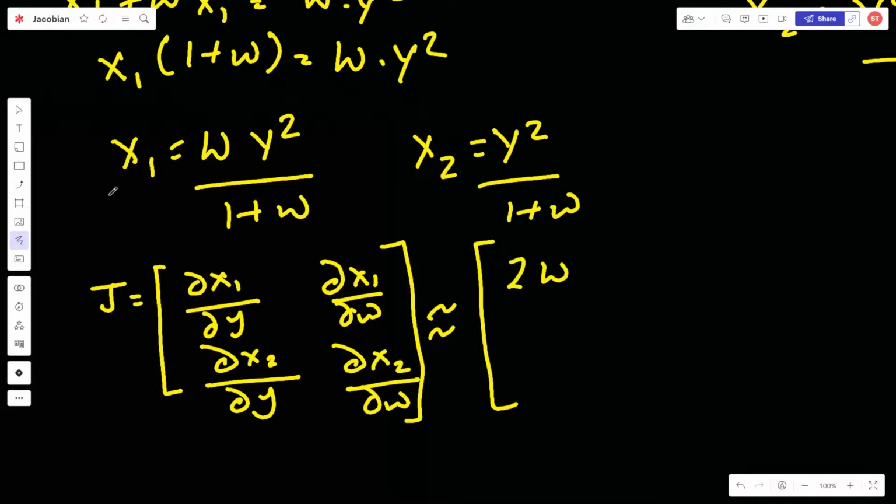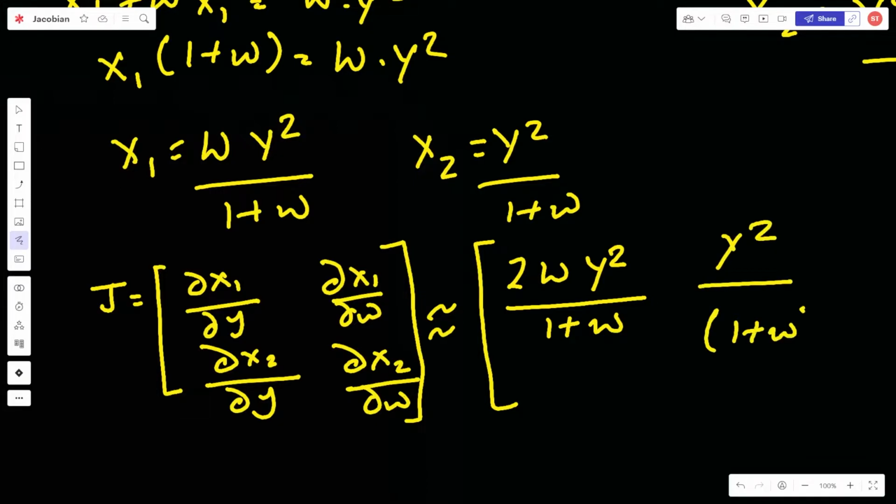So we have 2 times wy divided by 1 plus w. And here we're taking the derivative with respect to w, so that will yield y squared divided by (1 plus w) all squared, because we're using the quotient rule. I'm not going to go over too many details, but it's understood at this point.